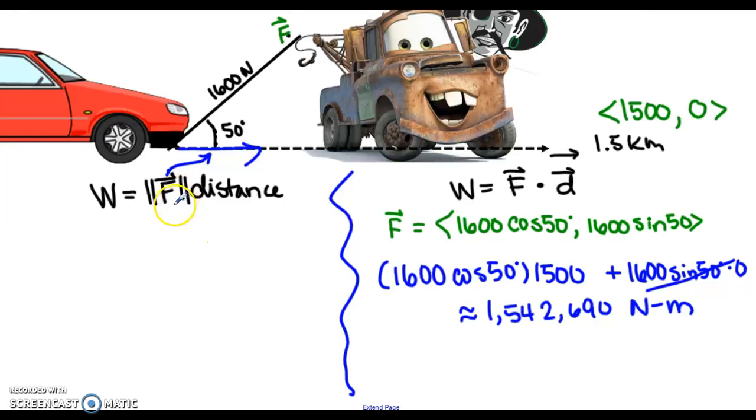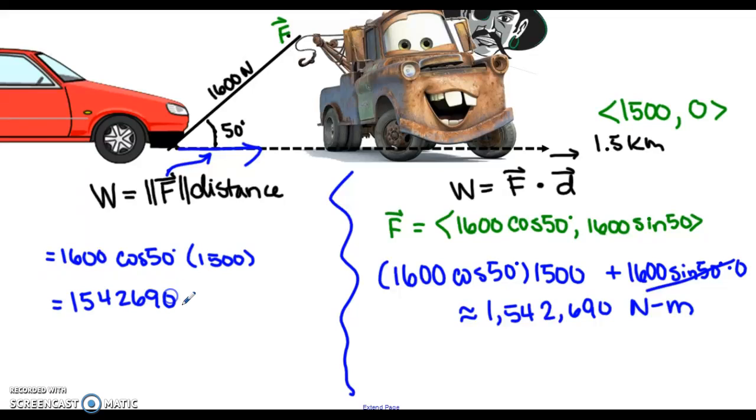So that horizontal part is 1,600 times the cosine of 50 degrees times our distance, how far we're traveling, 1,500. And we're going to get that same answer. And for this one, why not, we'll be exact because our calculator does it so nicely for us with 3 decimal points. 263 Newton meters.